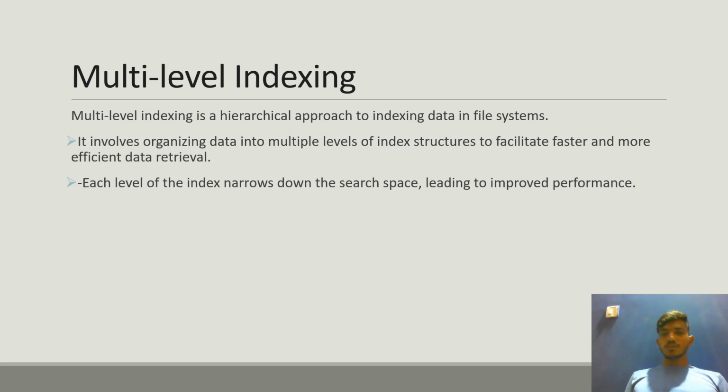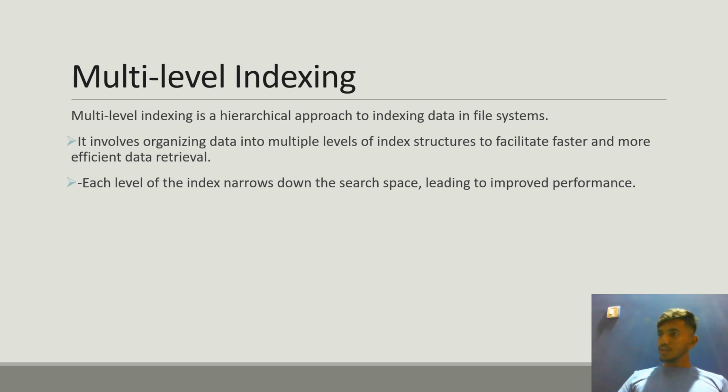As you know, indexing comes in arrays, right? Whenever we store data in an array, the indexing comes there. In the file structure also it will come, in the same way. Multi-level indexing is the hierarchical approach to indexing data.